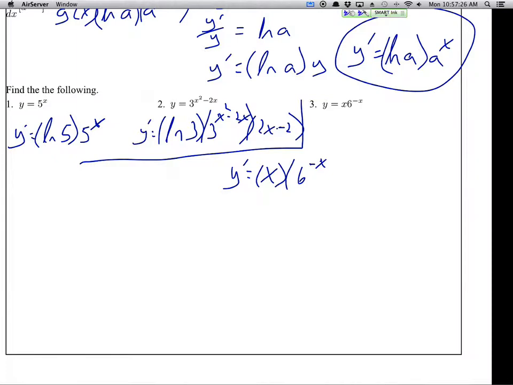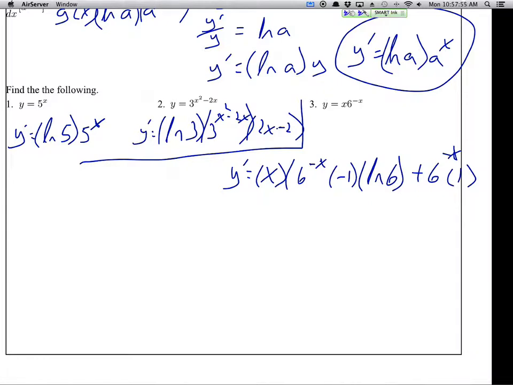The derivative of the exponent, negative 1, and the natural log of the base, times the original. So then plus the second, which is 6 to the negative x, and the derivative of the first would be 1.